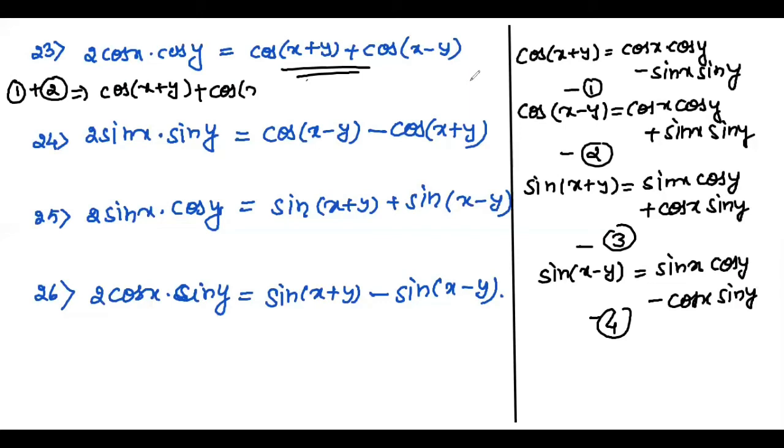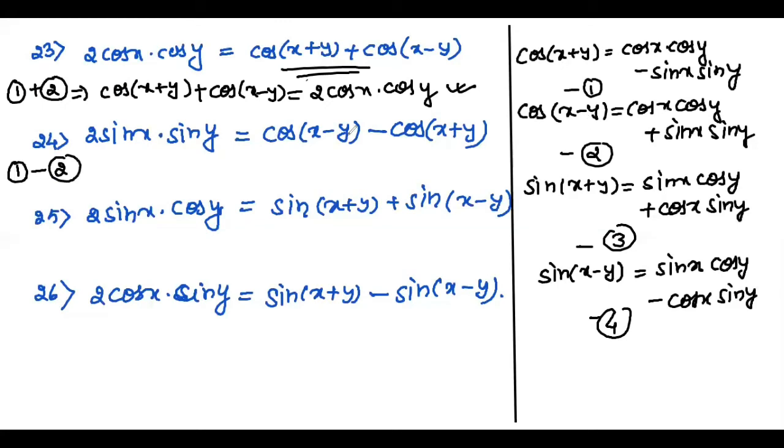And then on the right hand side, the sin x sin y terms cancel, minus sin x sin y plus sin x sin y. So finally we have 2 cos x into cos y. So we are getting it. Now similarly, the identity number 24 we can find by using equation 2 minus equation 1.